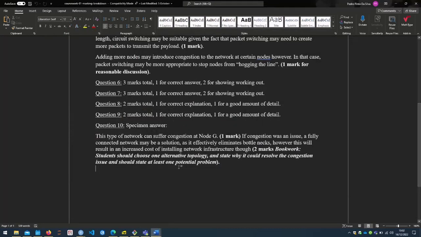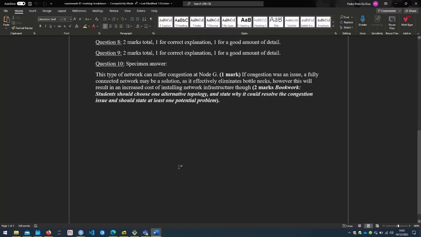So an example answer for this question would be: if you're worried about congestion, then you might consider a different type of network, one that doesn't have that funneling into the central node and creating the bottleneck. Actually, it doesn't really matter which topology you suggest, as long as you are aware that there are other topologies.